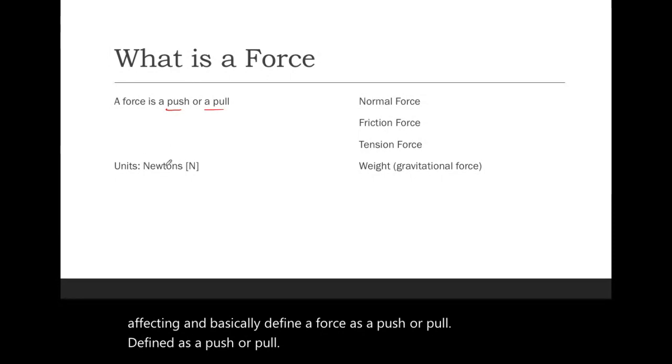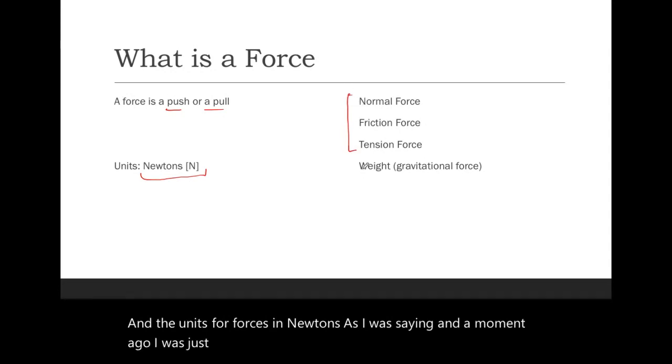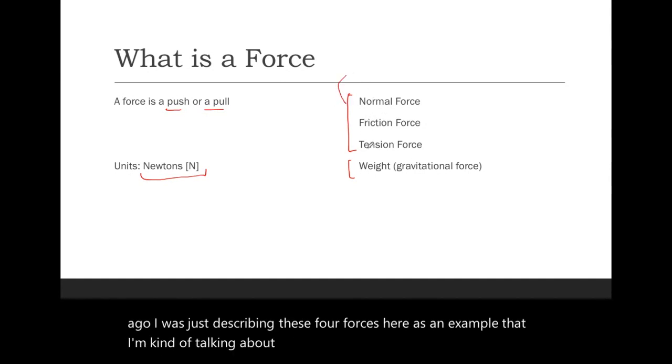The units for forces are newtons, as I was saying, and a moment ago I was describing these four forces as an example that I'll be talking about today. The normal force, friction, and tension are all what we call contact forces, because they're in direct contact with whatever they're acting on.